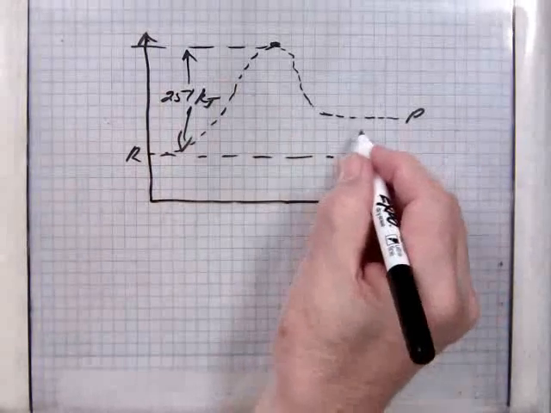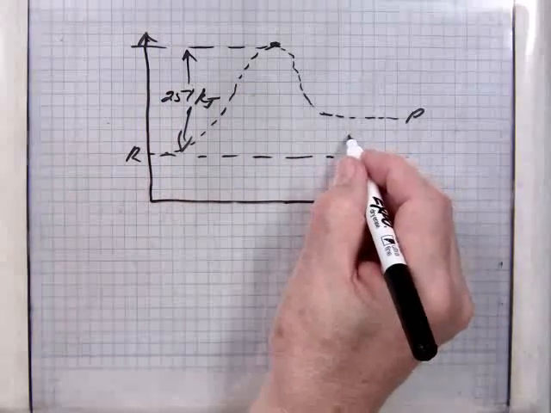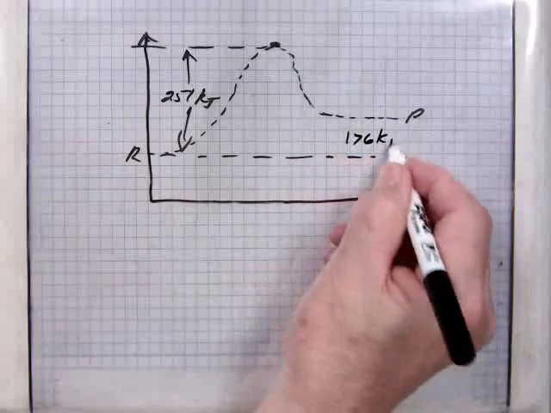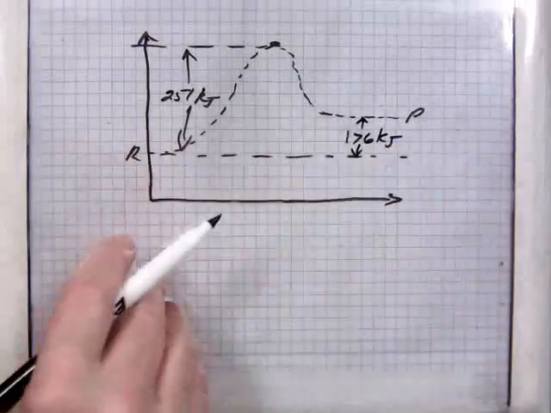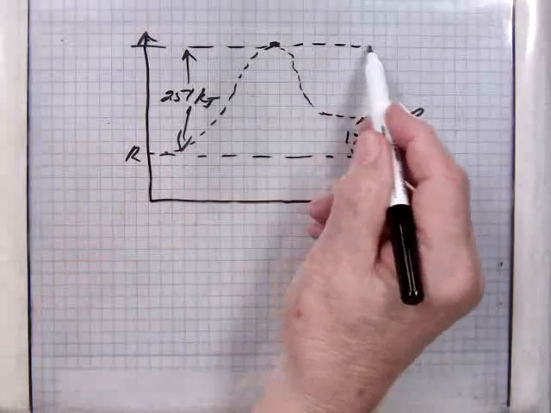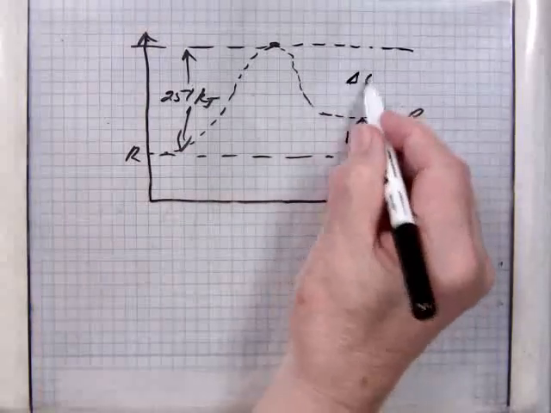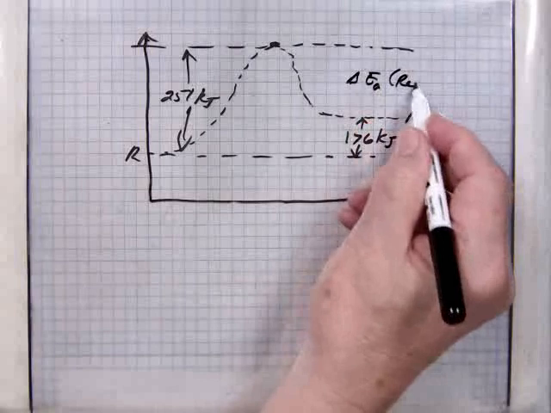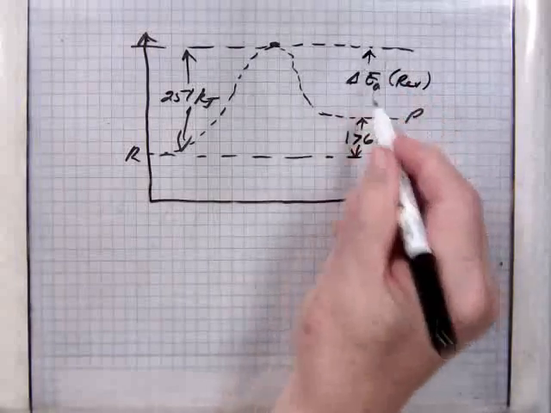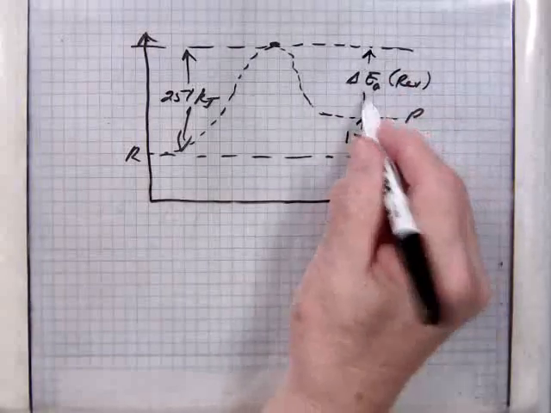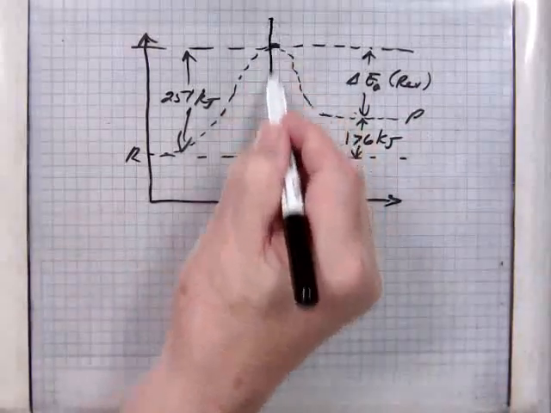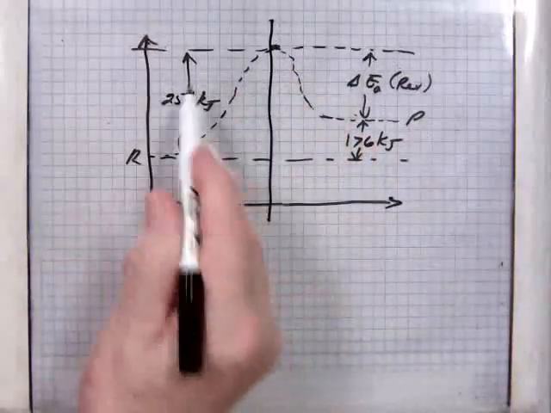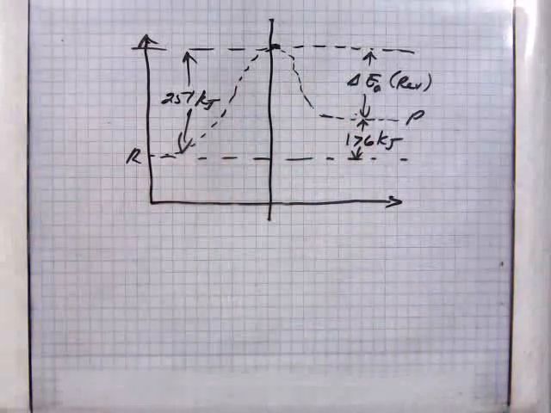Delta H of reaction is 176 kilojoules, which is the difference between the levels of the reactants and products. And so what's left is the delta EA reverse. Well, in this case, the delta EA reverse plus the delta H of reaction is equal to the distance over here at the forward activation energy.